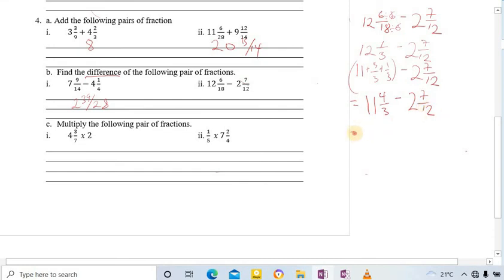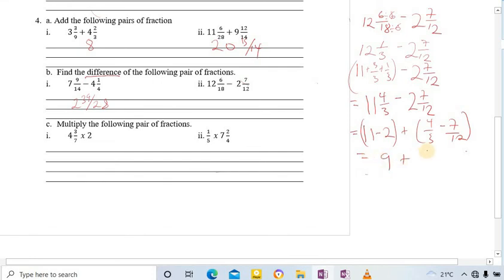Now let's subtract the whole numbers. 11 minus 2, then we add the subtraction of the fractions. 4 over 3 minus 7 all over 12. So 11 minus 2 is 9 plus.